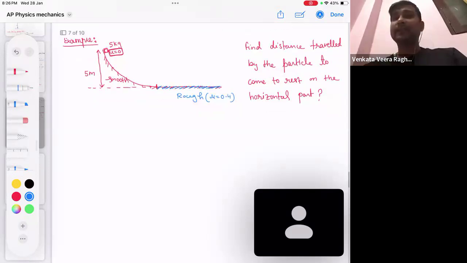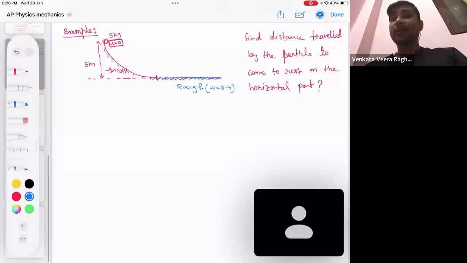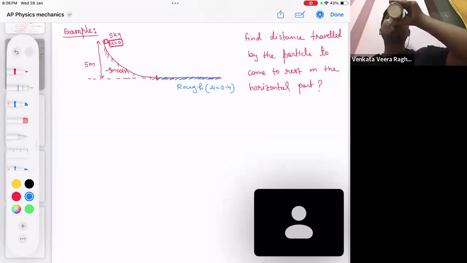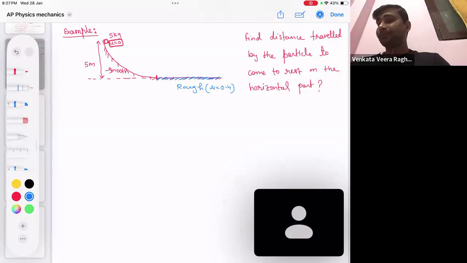Apply the work energy theorem between the initial point and the final point, and tell me what is that distance traveled by the particle on the horizontal part when it comes to rest. Please tell me how much is that coming.